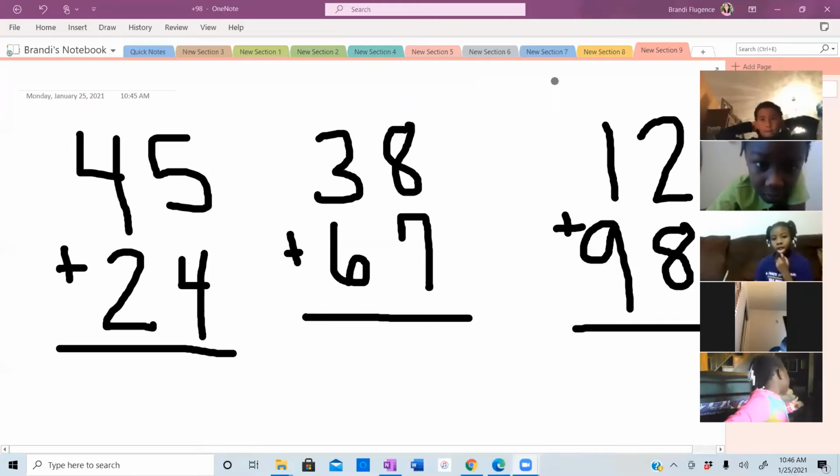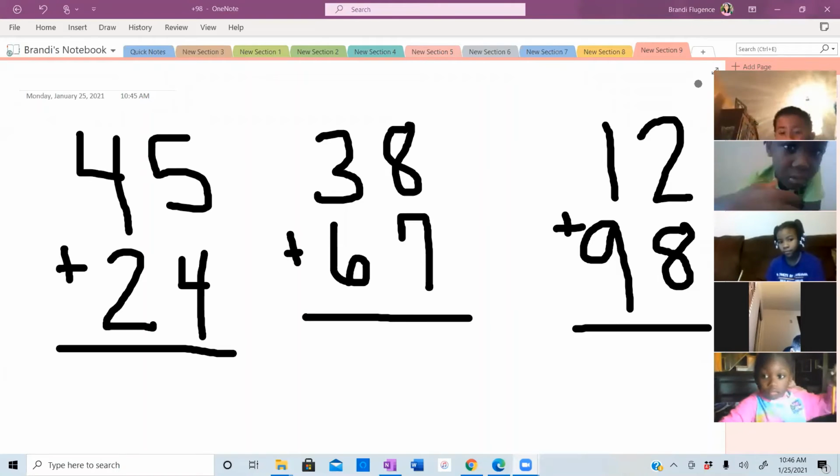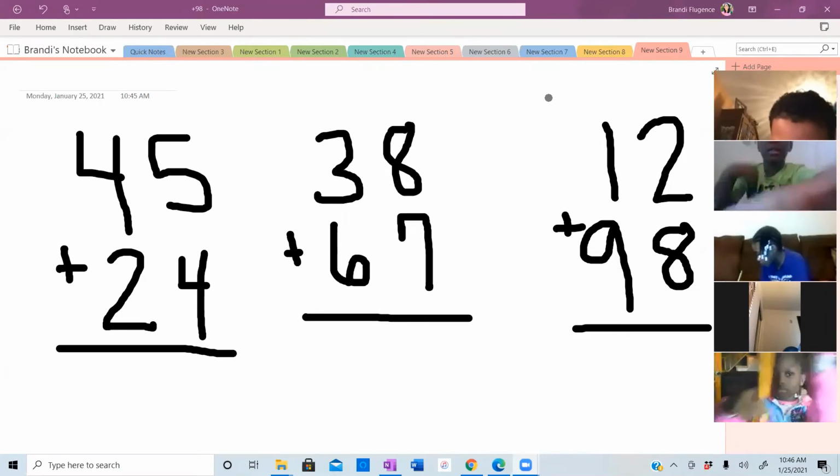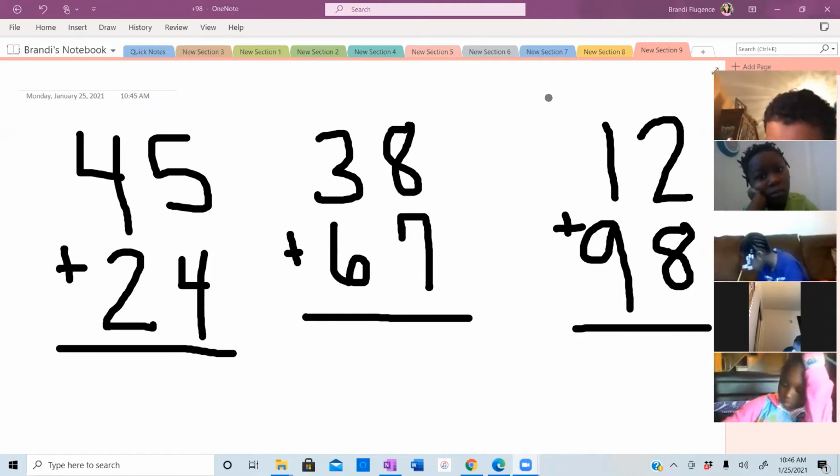Wow. So let me go ahead and show you your facts. All right, so go ahead, all 3. I'll give you a minute and a half. It's okay if you don't finish all 3, we're going to go over it. Just do as many as you can, okay? So please watch your numbers. These are addition. We are adding.